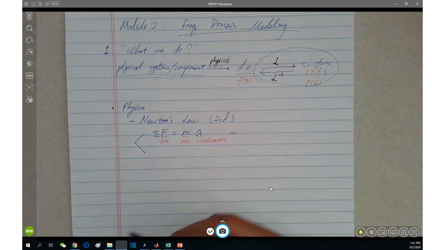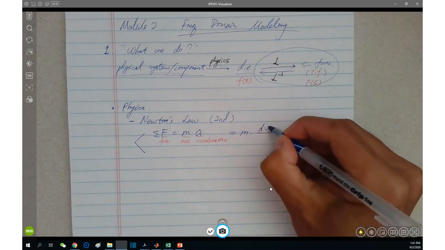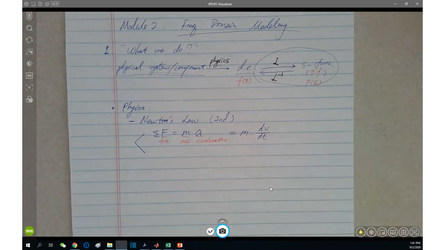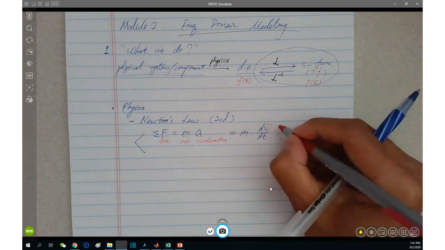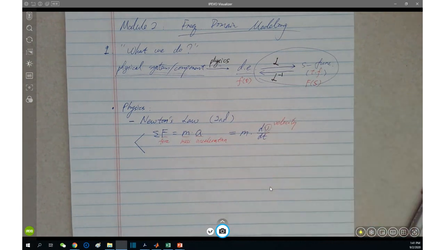And acceleration could be further expressed as the derivative of velocity.